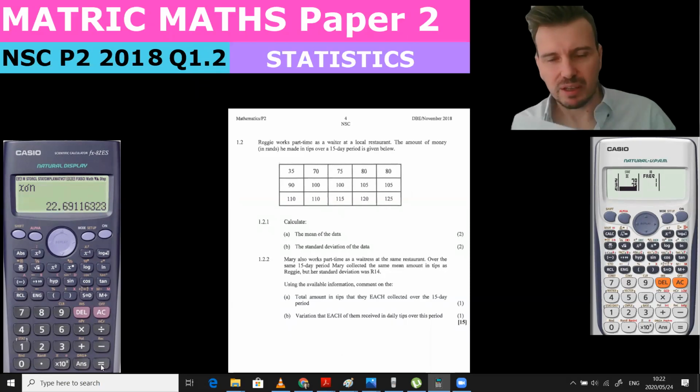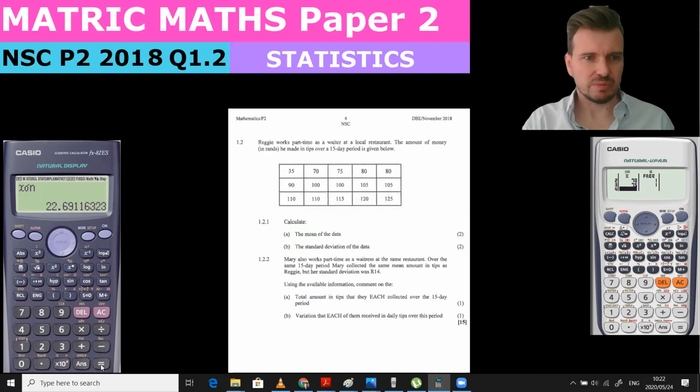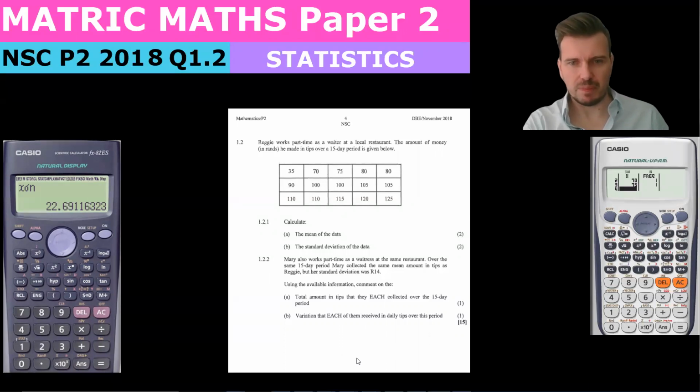Okay, so I've jotted those down. So just remember you're looking for the standard deviation and the mean. And so now what we can do is we can write some stuff down.